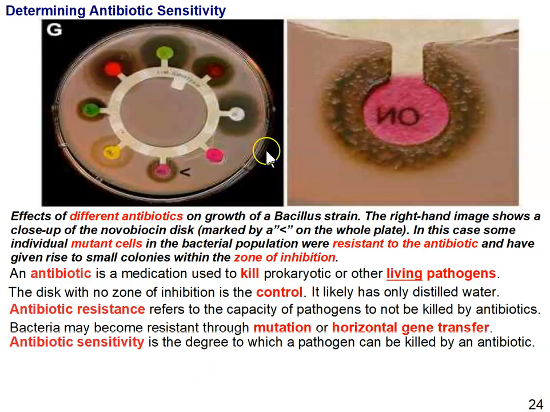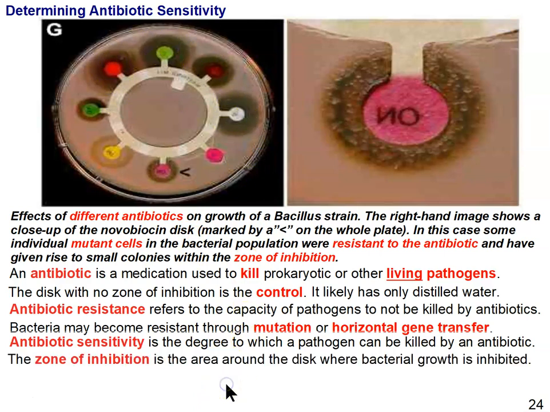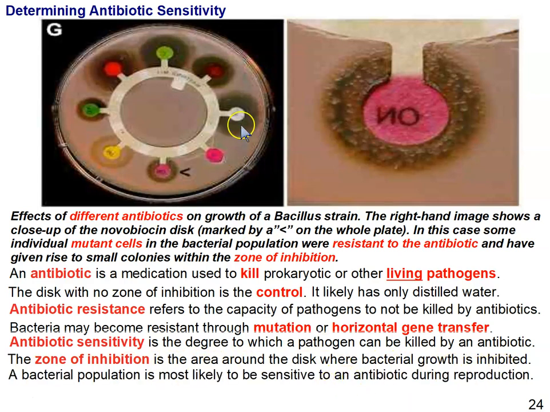Those are the antibiotics that the doctor would want to give you to get rid of that bacterial infection. So the zone of inhibition is the area around the disc where bacterial growth is inhibited. The bigger the zone, the better the antibiotic is at killing that bacteria.